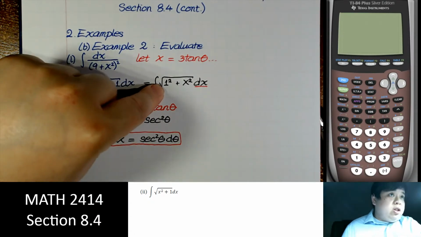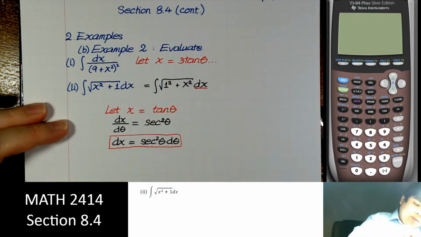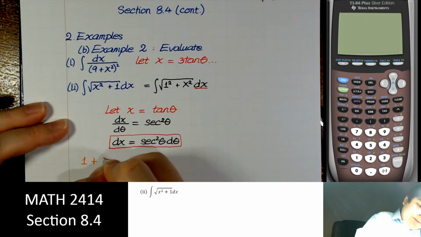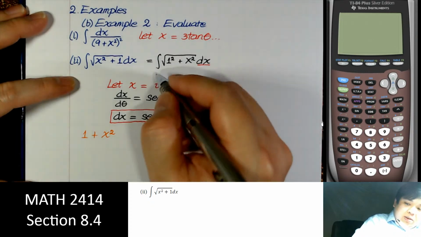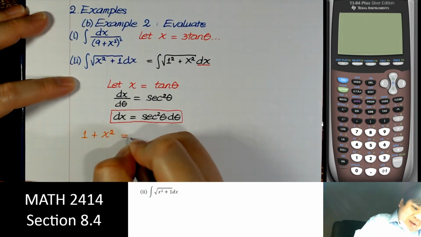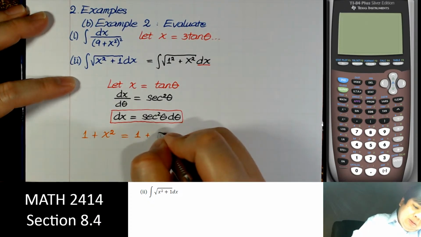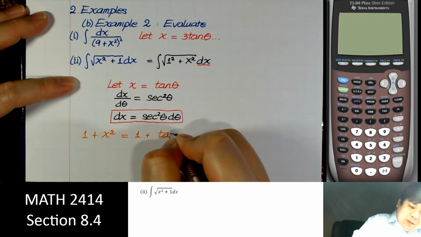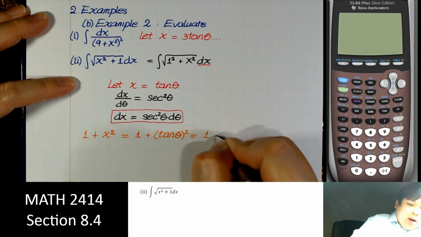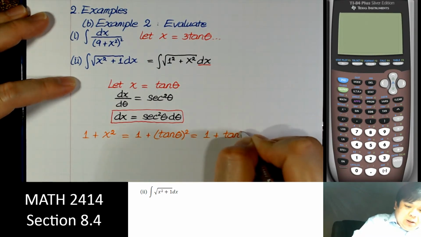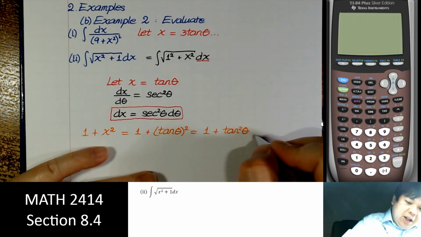Now we need to simplify the 1 plus x squared. x is equal to tangent theta. So you have 1 plus tangent squared, that equals secant squared.